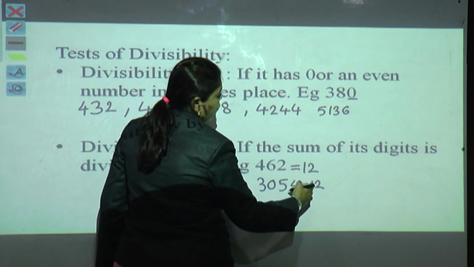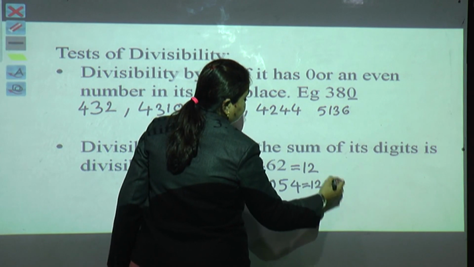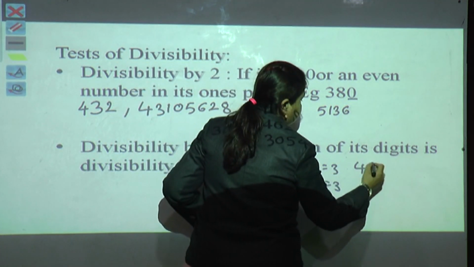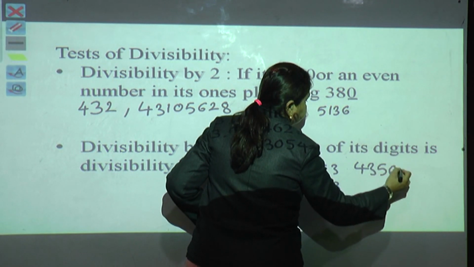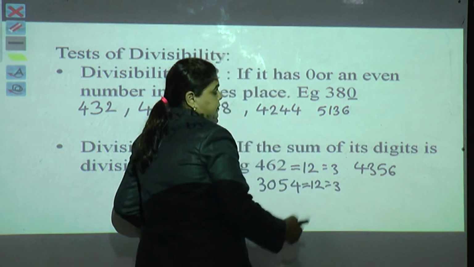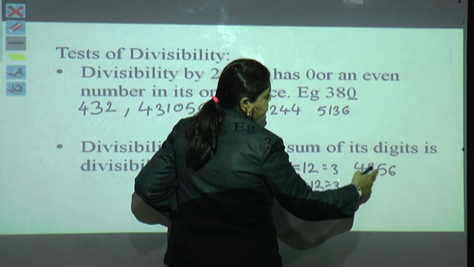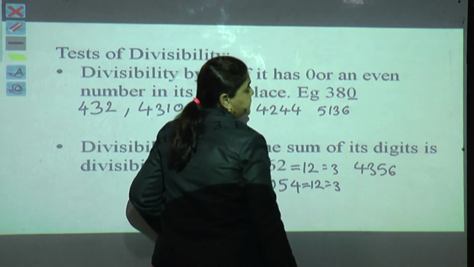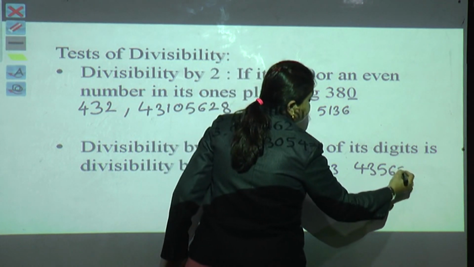Again 2 plus 1 is 3. So this number is divisible by 3. Suppose the number is given in this way, what is the sum of this? This is 7. 7 plus 5 is 12. 12 plus 6 is 18.